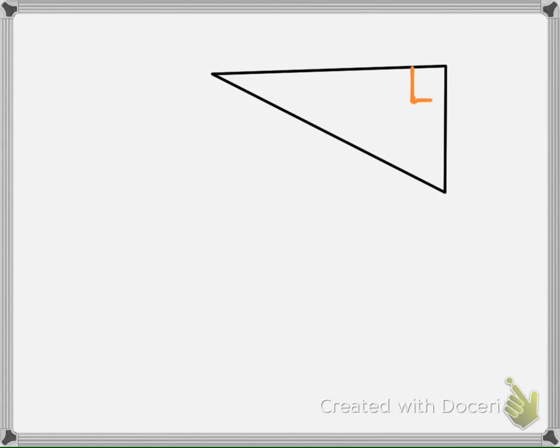Okay, so now we have another problem. We have a right triangle, we have an angle of 35 degrees, we have one leg of 7, and we have another leg that is missing. So what is the relationship between the 7 with respect to the 35?